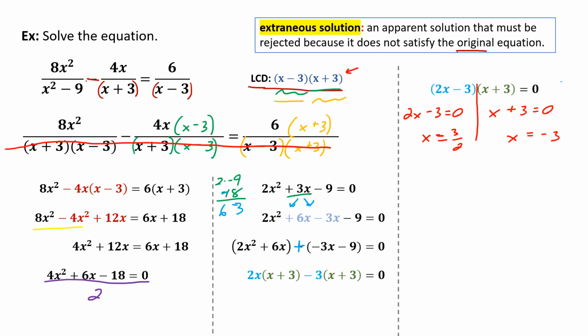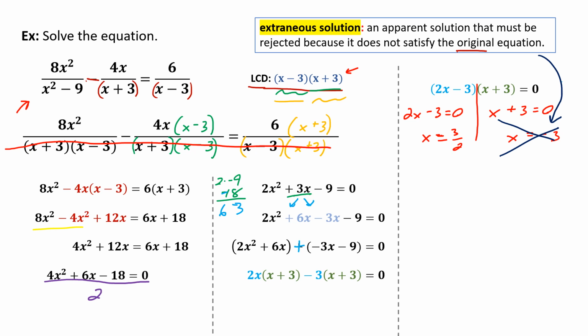Now the -3, if I was to substitute in the original equation, I would have -3 squared minus 9. So I would have 0 in the denominator, which makes x equals -3 an extraneous solution. So we can't have that.